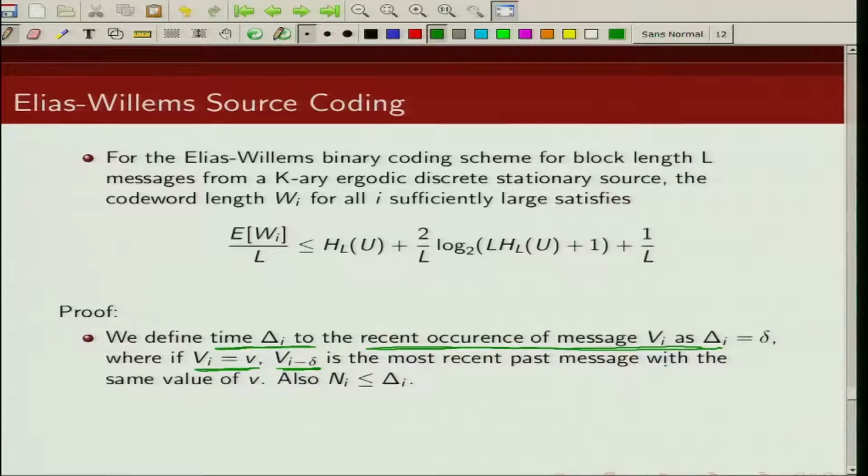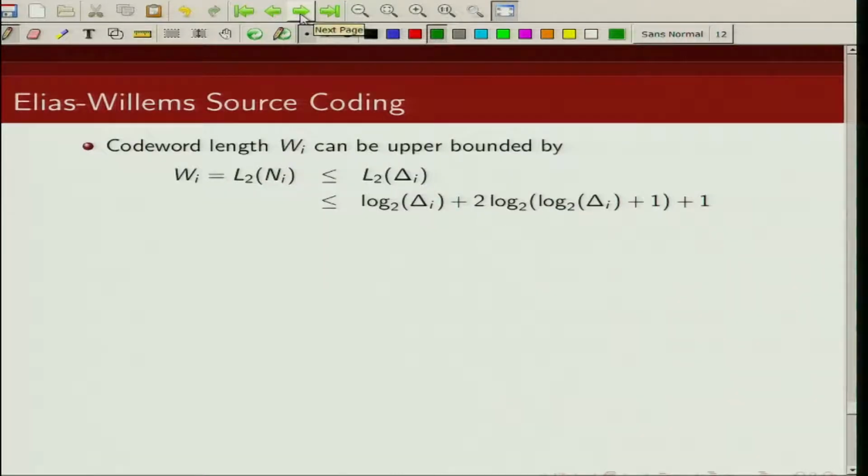So, that is what I am saying, that we define this time delta I as the recent occurrence of this message Vi. So, if delta I is equal to delta, if Vi is V, then Vi minus delta is the most recent past when that particular value of V has occurred. Now, you can see clearly that delta I is going to be greater than or equal to the recency rank, right. So, what is the expected code word length?